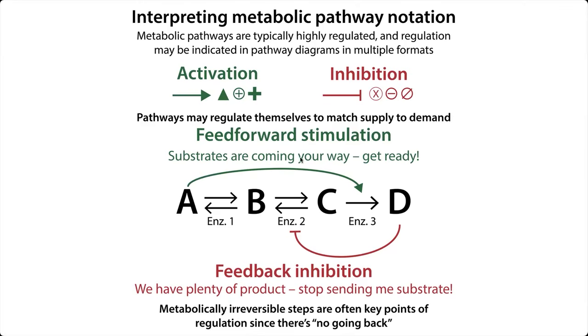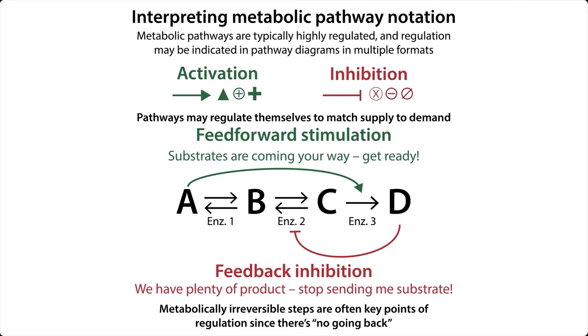What you will see often is two main types of regulation through these arrows. Not always, but commonly you're going to have pathways regulate themselves to match supply and demand. And so you can have feed-forward stimulation where substrates upstream are going to be activating enzymes downstream.